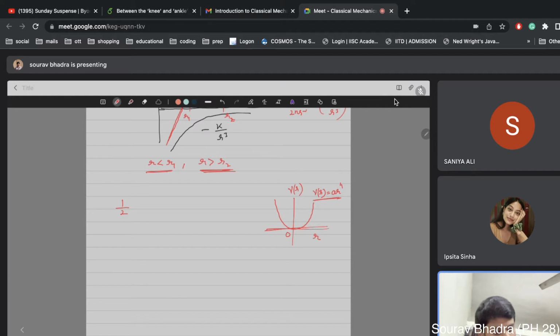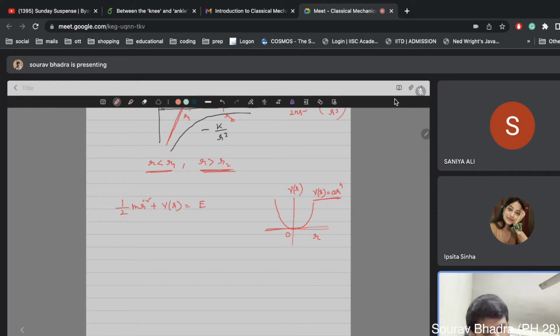Now we will try to find out what will be the time period for this particular problem, and it is a one dimensional problem. So half m r dot square, the kinetic energy, plus the potential energy equals the total energy of the system.